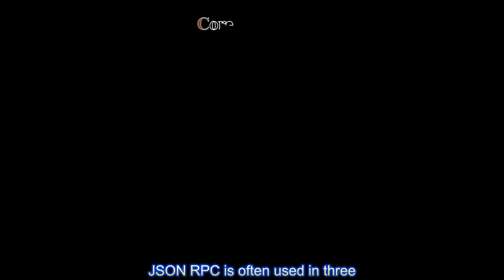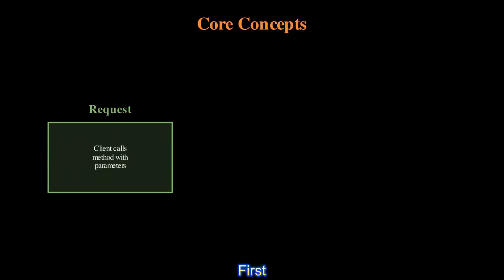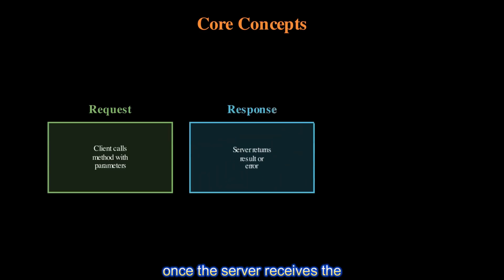JSON RPC is often used in 3 cases. First, it is used as a request from the client in JSON RPC format to call the remote function on the server. Then once the server receives the request, it can also send the response in JSON RPC format back to the client.